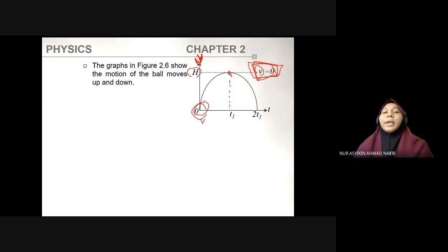Okay. And the time taken here adalah half kepada masa untuk dia complete the falling down tu. Okay, so dia naik half kepada time tu, double kepada time tu dia jatuh.